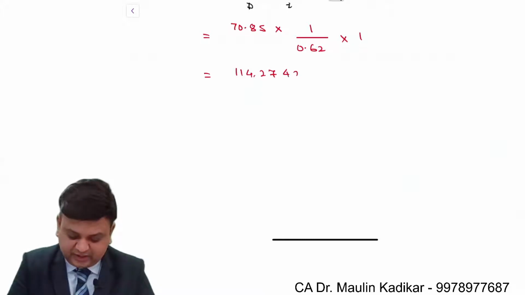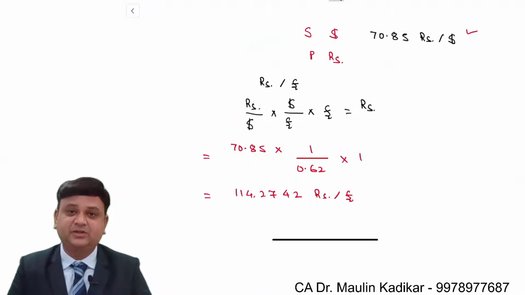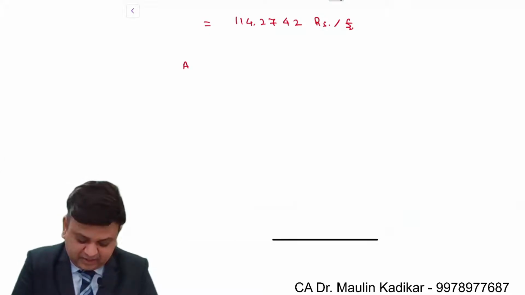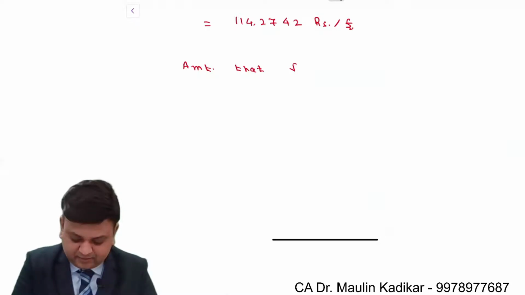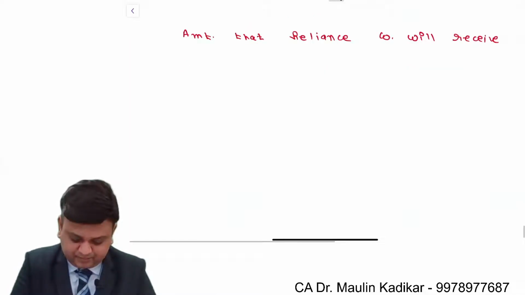If at all, I want to write it in 4 decimal rupees per pound. So this is the applicable exchange rate for the purpose of conversion. So we understand that the amount that Reliance company will receive is 114.2742 rupees for every 1 pound.